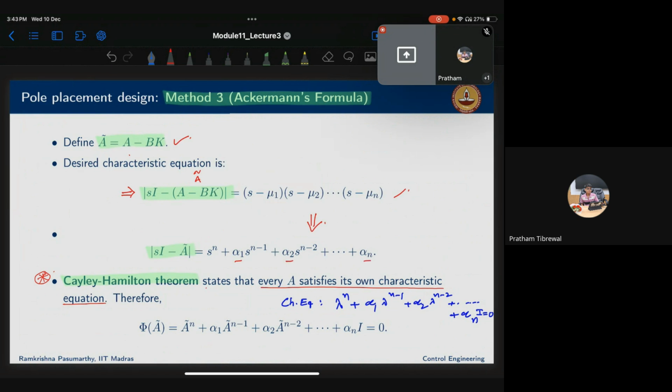Now what does the Cayley-Hamilton theorem say? It is also called the CH theorem.